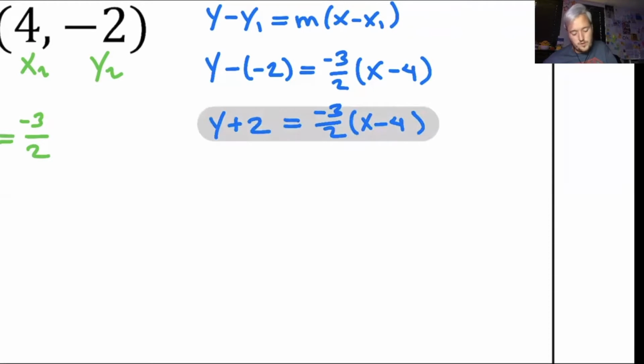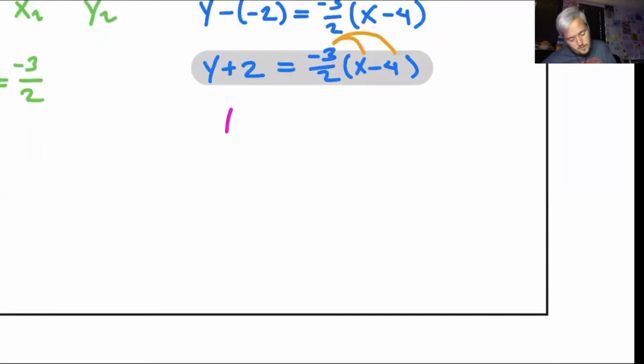Now I want to distribute so I can convert. So y plus 2 equals negative 3 halves x plus 6. Negative 3 times negative 4 gives you 12, and 12 divided by 2 gives you 6. Then I'm going to subtract 2 on both sides.